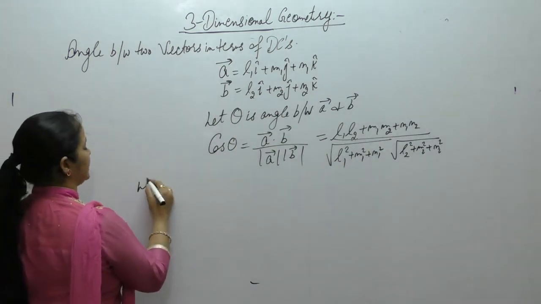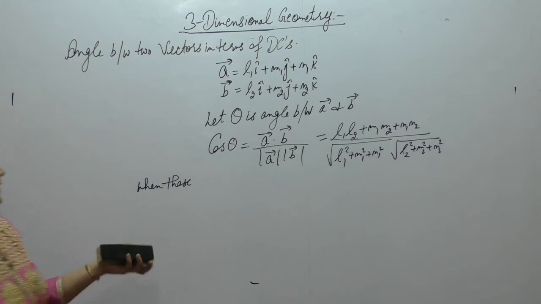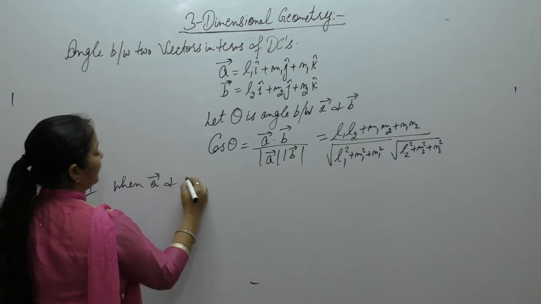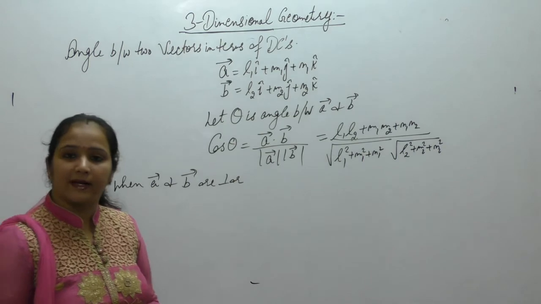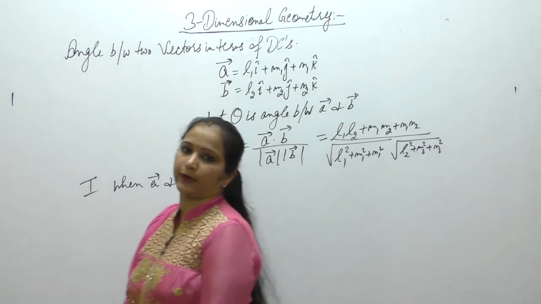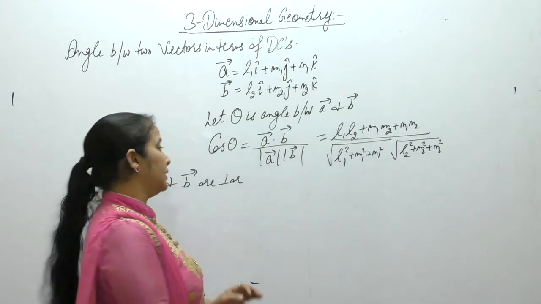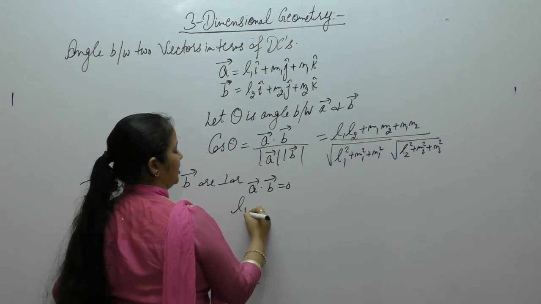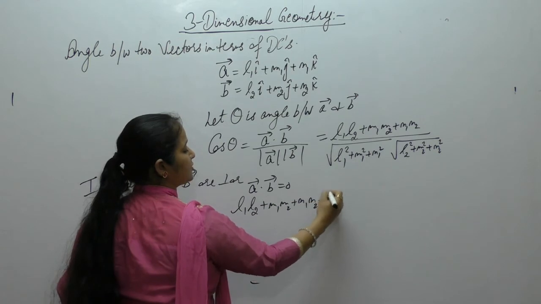Now the condition when A vector and B vector are perpendicular: If two vectors are perpendicular, then their dot product is 0. It means A dot B is 0, so L1 L2 plus M1 M2 plus N1 N2 equals 0.